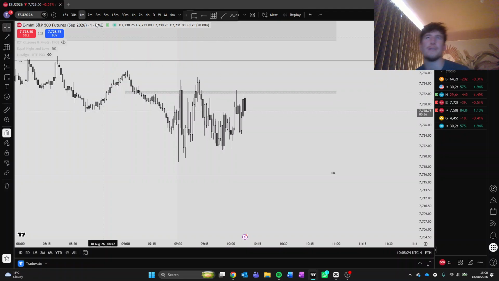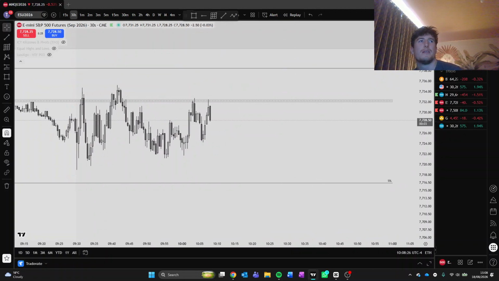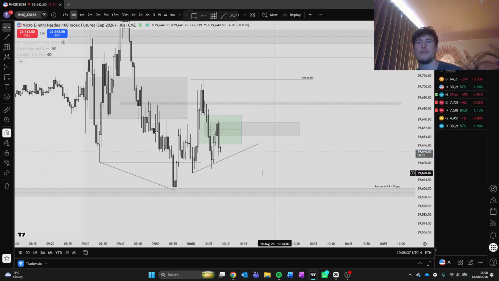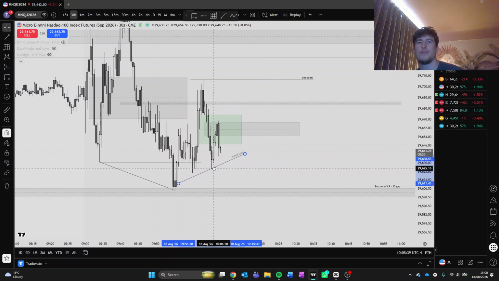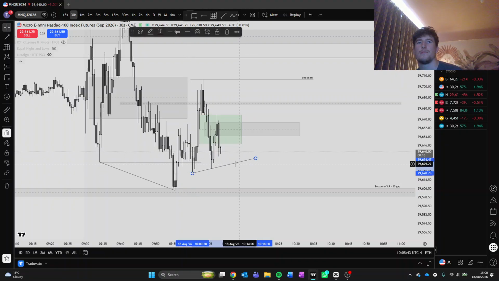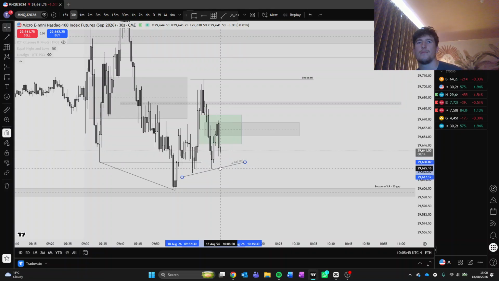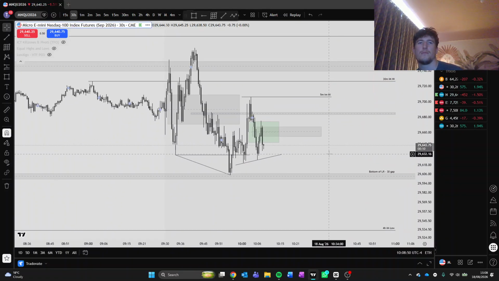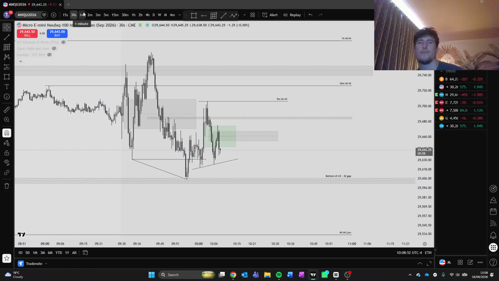It looks good on the S. I mean NQ, but I'm just not being convinced entirely. Building a bit of LRLR here, which is nice. I don't want to take this now.